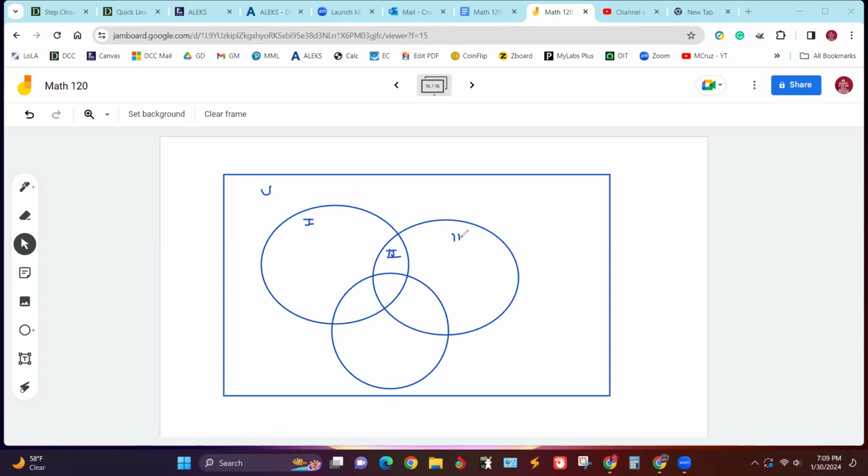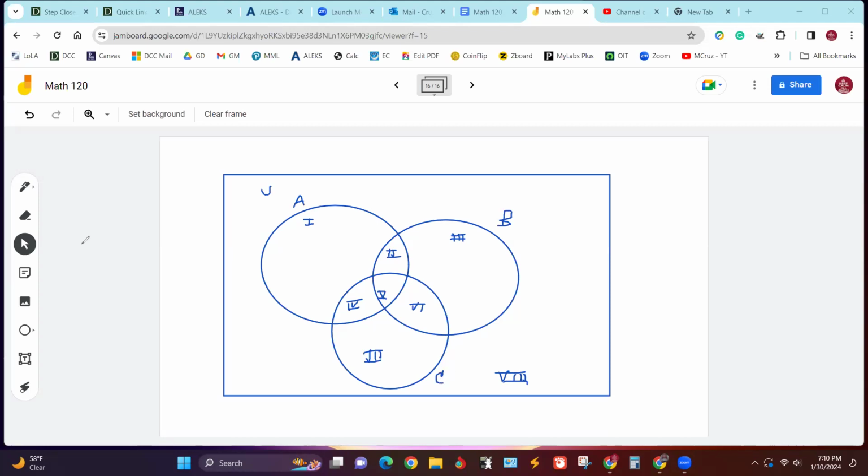Because you saw when we were filling that in at the beginning of class, it had all of these done. So there are 8 places representing the regions. Let's say this is A, B, and C.